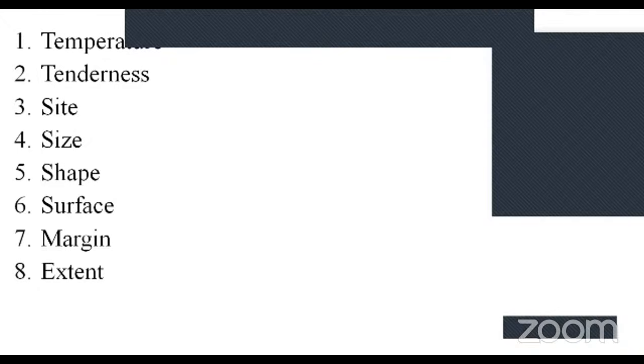Next is tenderness. Where do we get tenderness in a swelling? Abscess, good. Tenderness can be because of pressure, as we told. It can be the pressure exerted by the swelling on the underlying structure or the overlying skin.